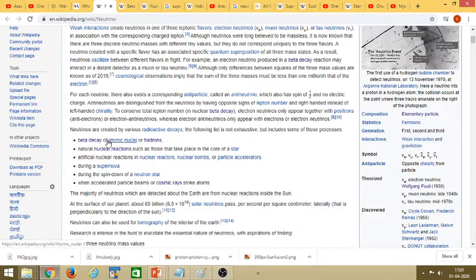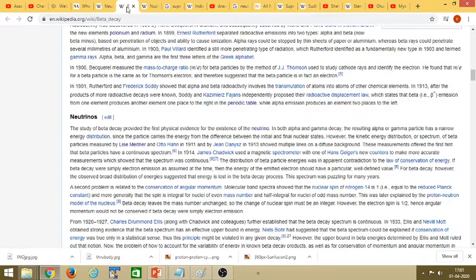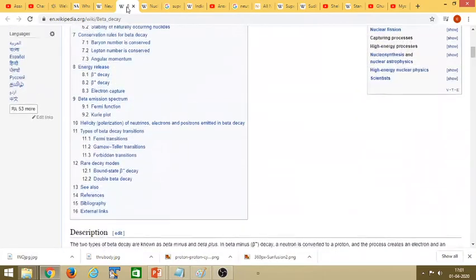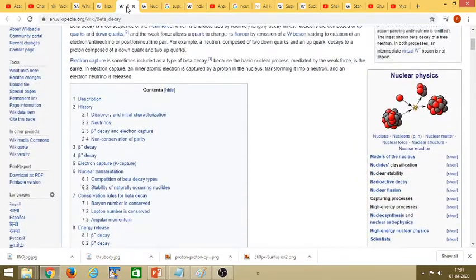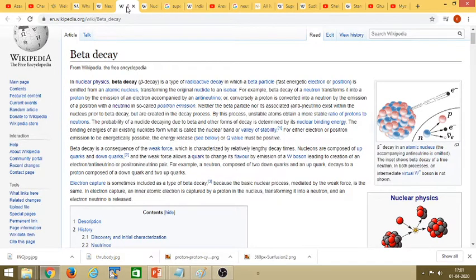One of the places they're found is in radioactivity. As we know, radioactive processes have alpha, beta, and gamma rays. In the gamma decay of atomic nuclear hadrons, we get to see neutrinos. Now, if we see the Wikipedia page for beta decay, for example, beta decay is of two types: positive beta decay and negative beta decay.